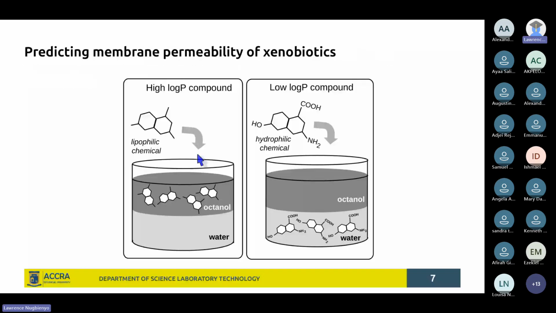All right. Now, we did talk about lipophilicity and hydrophilicity. A lot of times in pharmacology, and to some extent also in toxicology, this is used to predict the permeability of xenobiotics across a membrane.